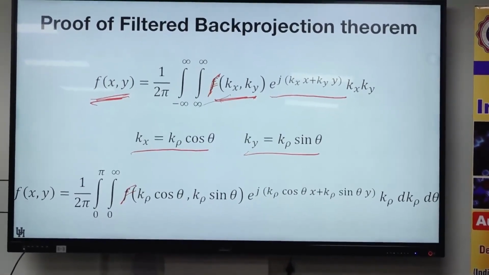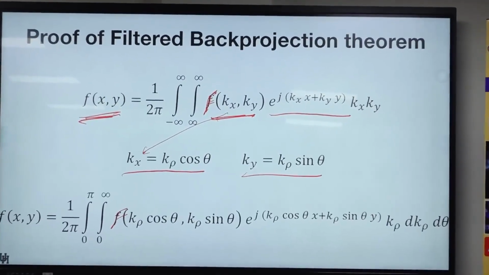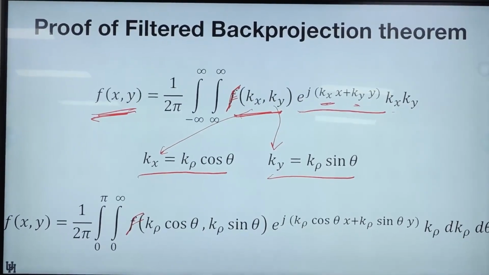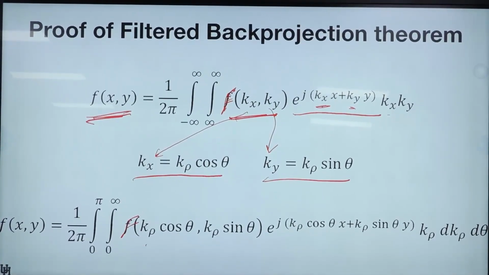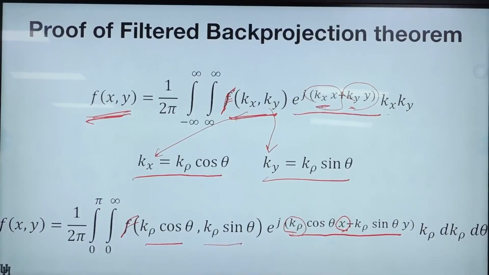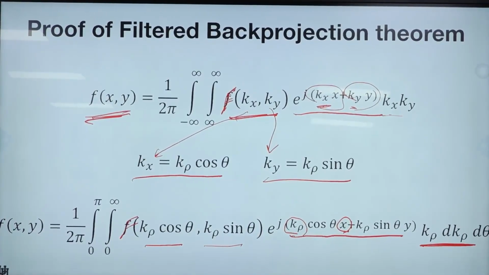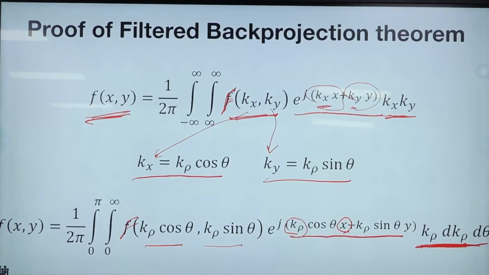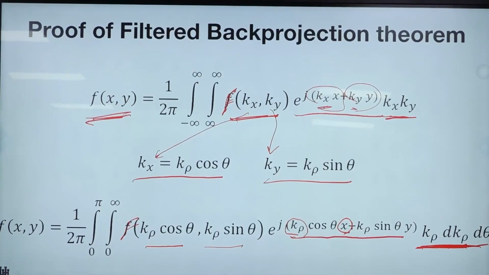Wherever you have kx or ky, you substitute this, and you get F of k rho cos theta, k rho sin theta. Similarly, the exponent becomes k rho times x cos theta, and dkx dky becomes k rho dk rho d theta. This is the r theta transformation you might remember from 2D calculus.